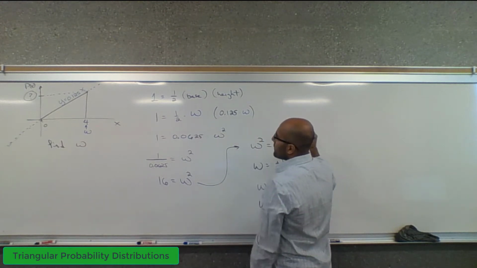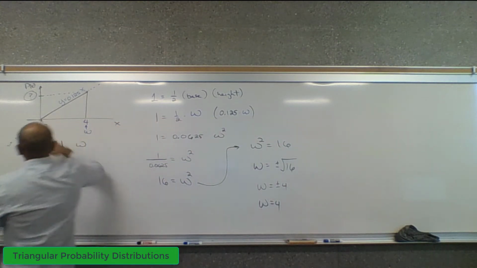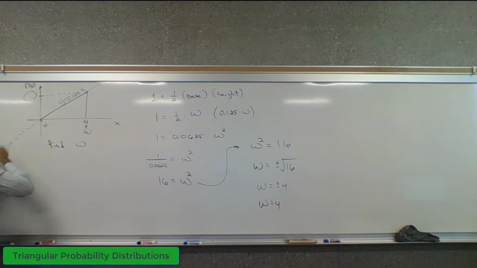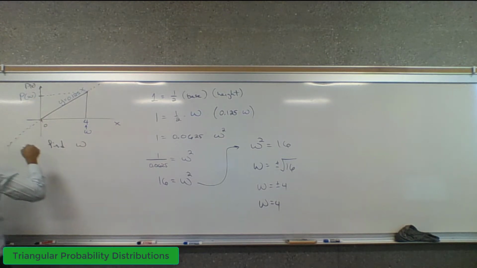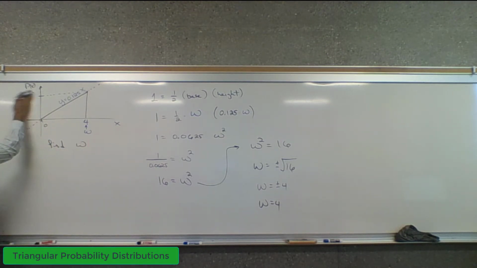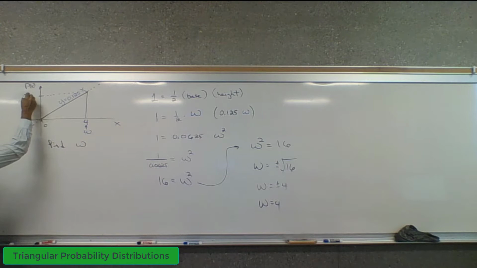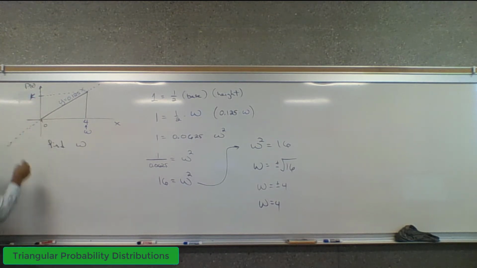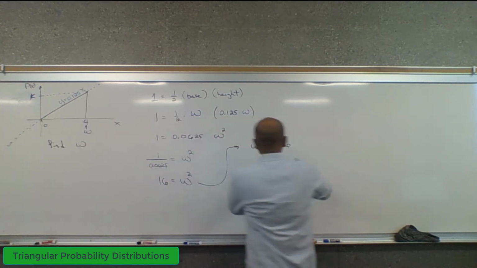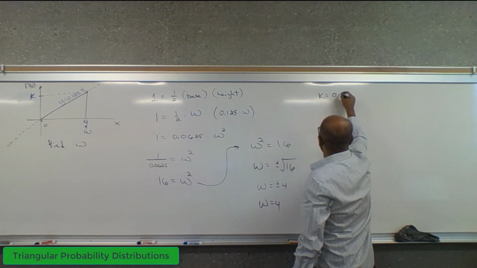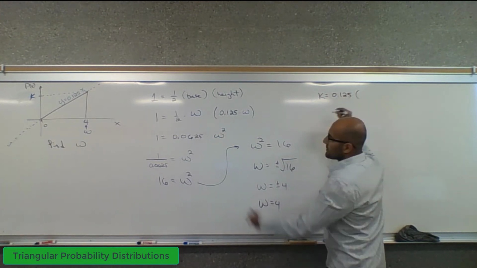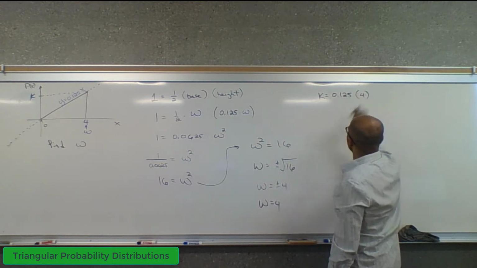So let's call this, technically it's P of W, right? Let's just stick to something like K. Let's find K. So K, the value there, is going to be equal to 0.125 times 4.